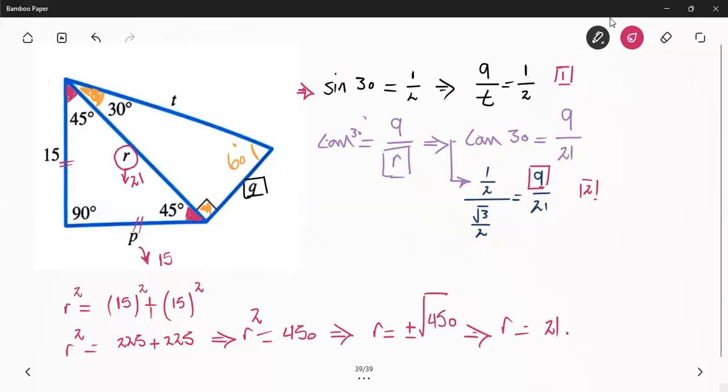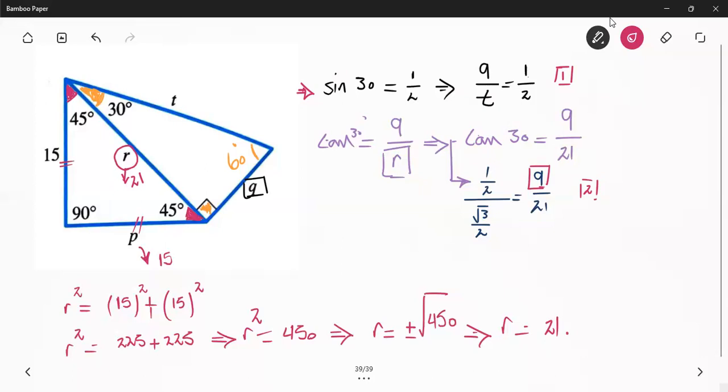I was looking at the triangle the wrong way. But if I use tangent, I have the opposite over the adjacent. The adjacent is R, which I keep as 21, and I find the value of Q. Does it make sense?